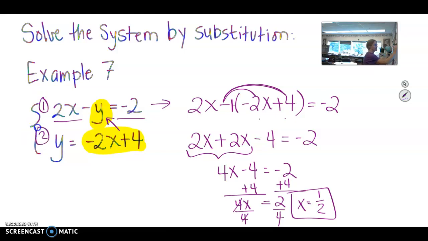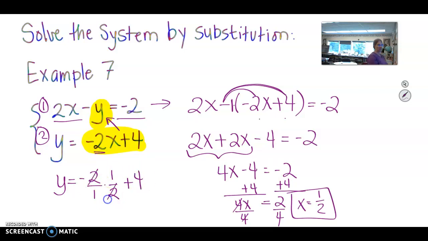Which one looks easier? I want you to think about that, but I'm going to go with equation 2 because it's already solved for y, and then I just need to figure out what that would make x. Since x is a fraction, I'm going to make this -2 into a fraction by putting it over 1, and then times 1/2 plus 4.